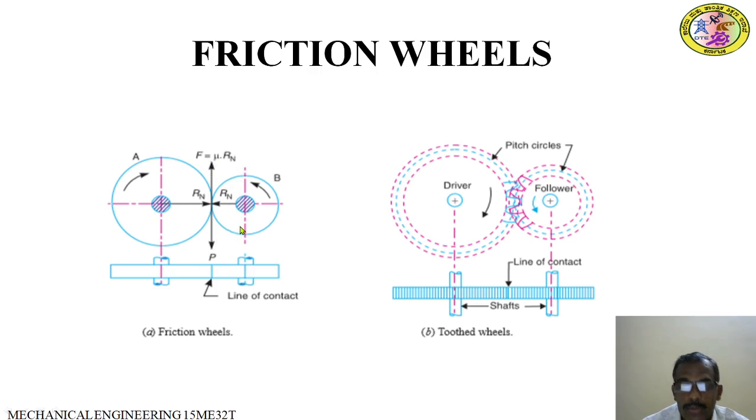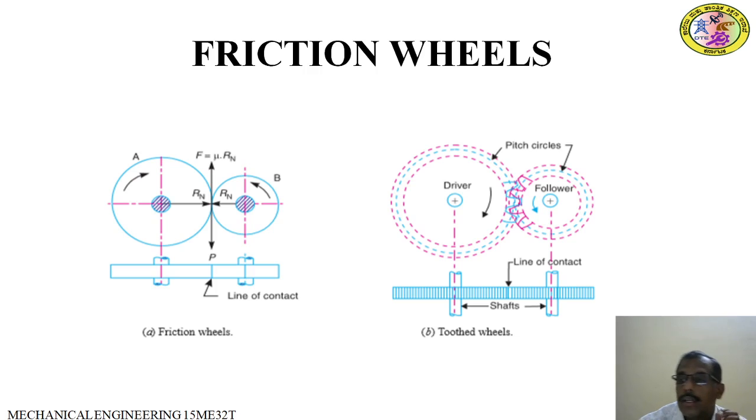That is how we can transmit one motion to the other. This can be achieved much better by having teeth on the wheels. If I have teeth, I can easily and progressively engage them and transmit the motion.